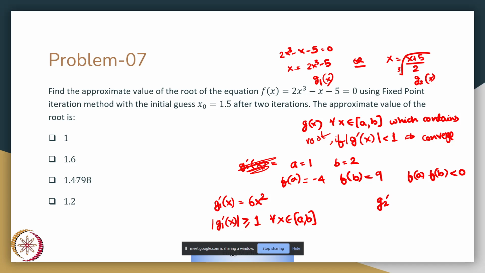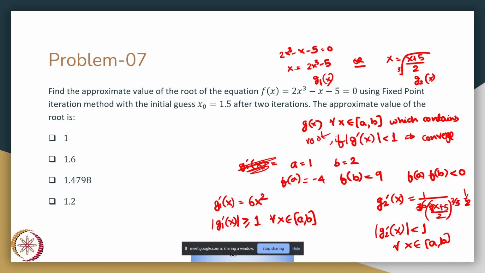Similarly, if I choose my second function, it will be 1 by 3 into (x plus 5) by 2 raised to 2 by 3 into 1 by 2, which is essentially 1 by 6. Now you can see that this modulo will be strictly less than 1 for all x belonging to a comma b. So g2 becomes our choice of function for a fixed point method.